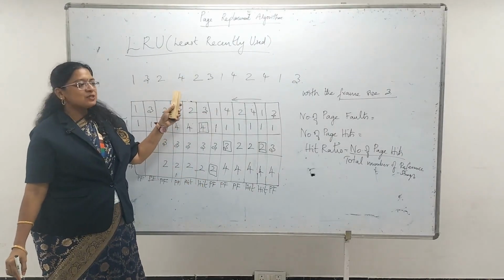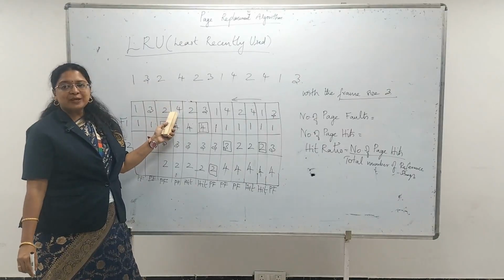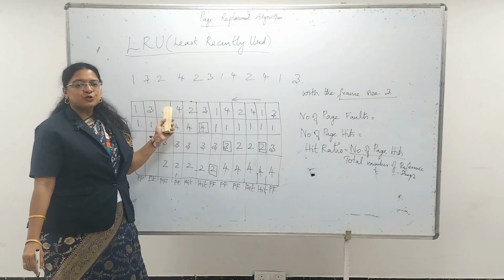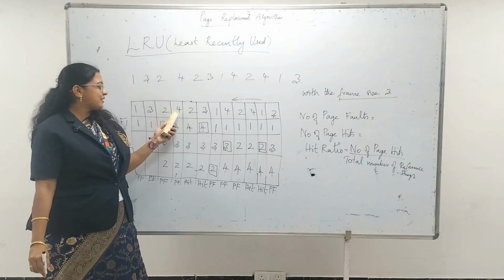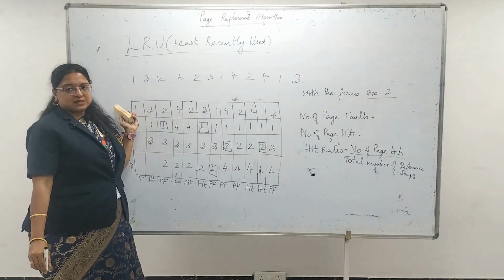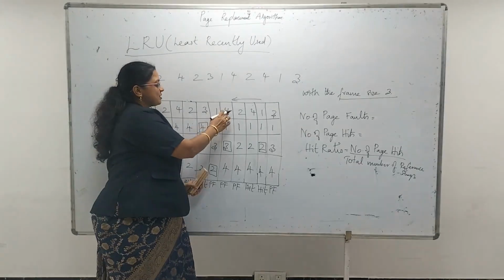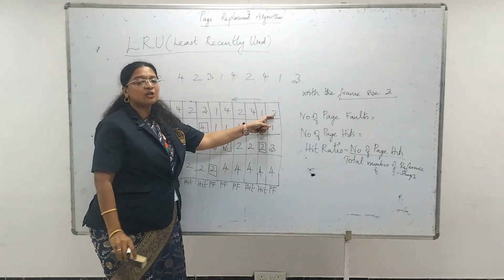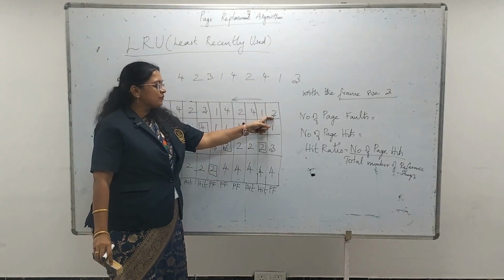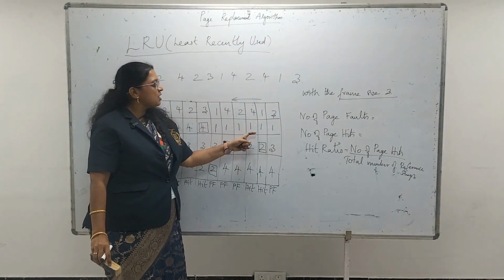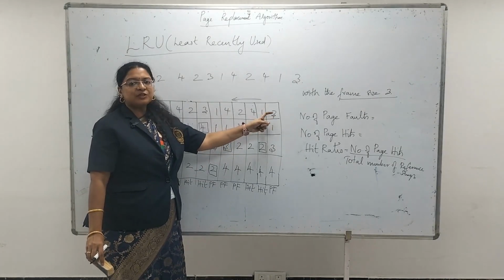Least recently used means whenever you are going to replace one page, you need to check the previous elements. Which element are you going to insert? This one is your new page. You are going to insert the 3 in your previous pages, which means we replace the new element with the previous elements.